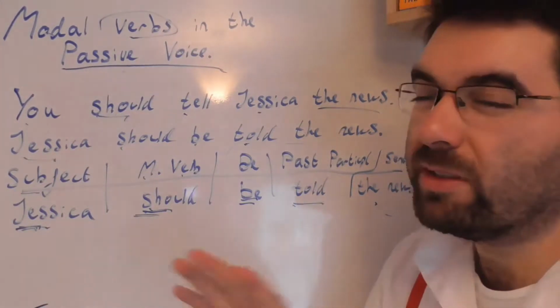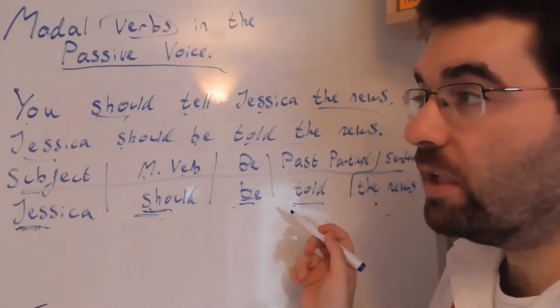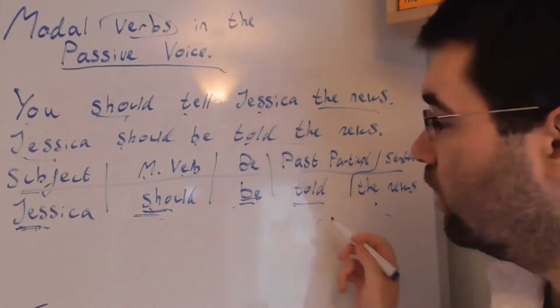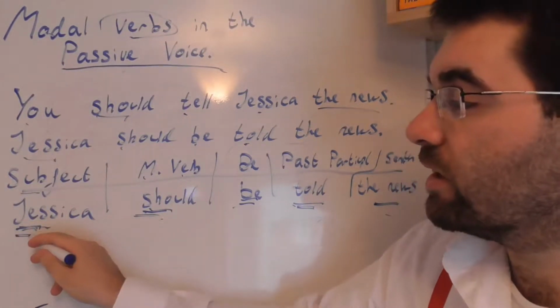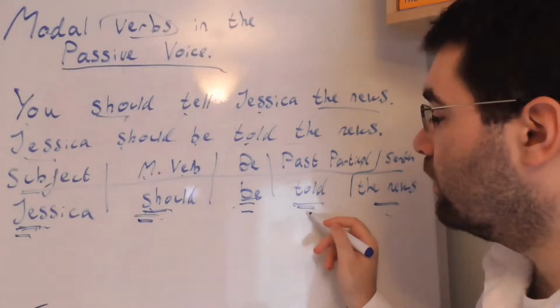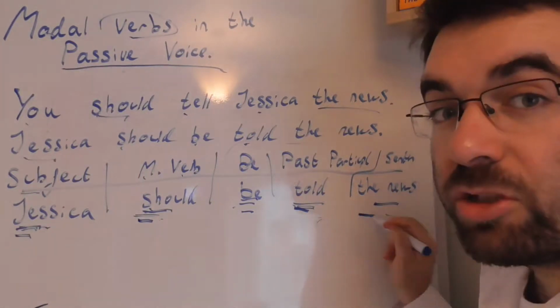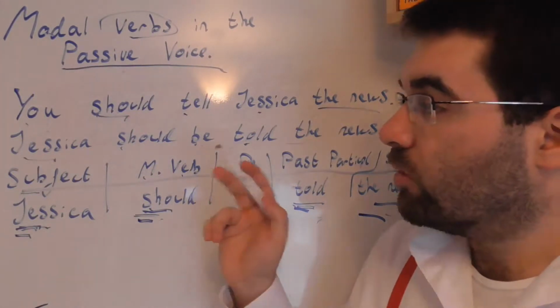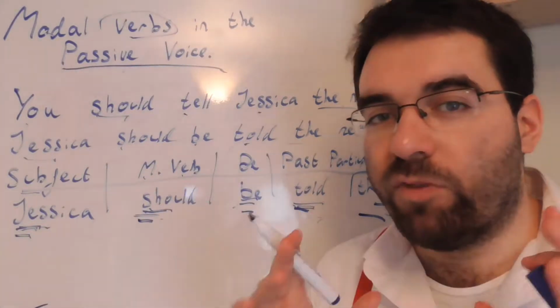Andrew could be told, could be informed, could be taught what to do, taught Spanish. Jessica may be told the instructions, perhaps. So the sentence does change in the passive voice, but the modal verb does not change.